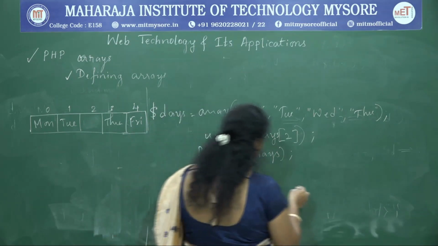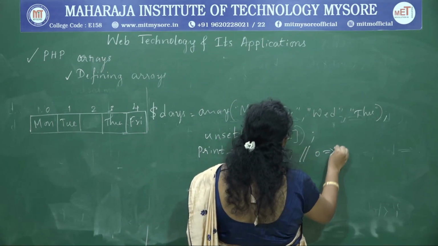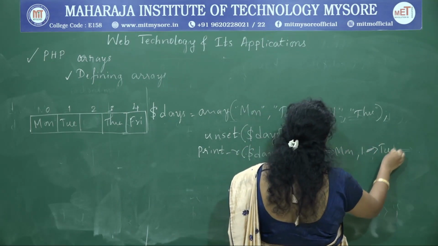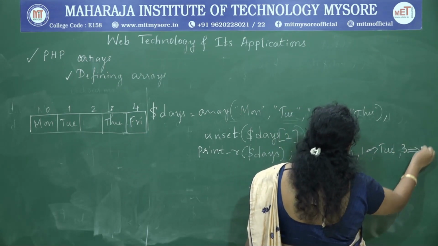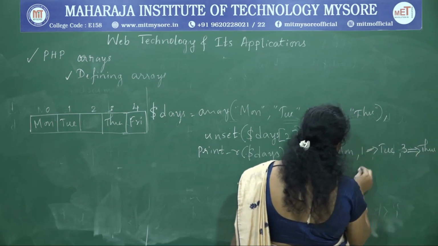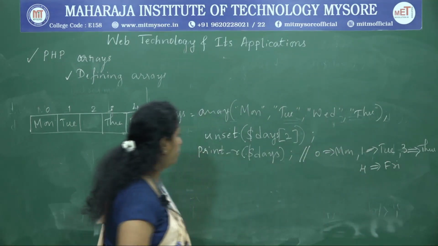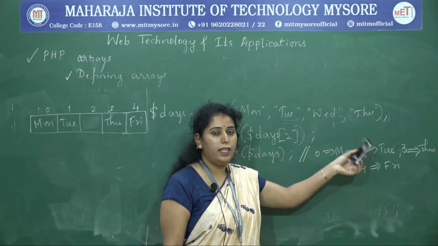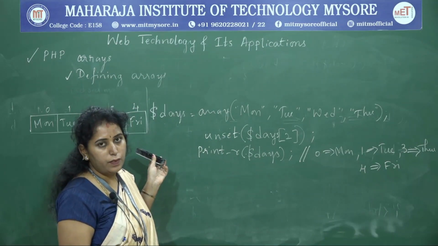So what it outputs now: in the 0th index Monday, in the 1st index Tuesday, in the 3rd index Thursday, then in the 4th index Friday. In this fashion it outputs. The second key is missing since it has been deleted from the array.